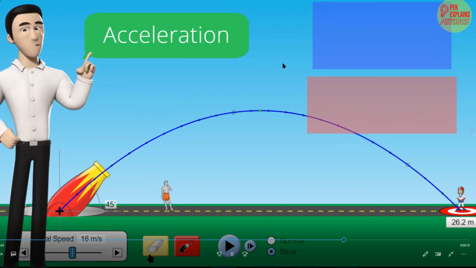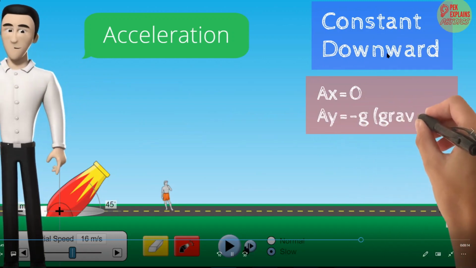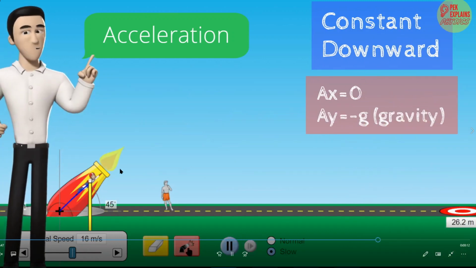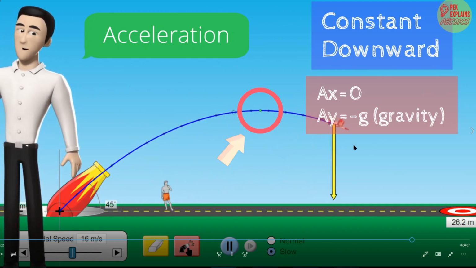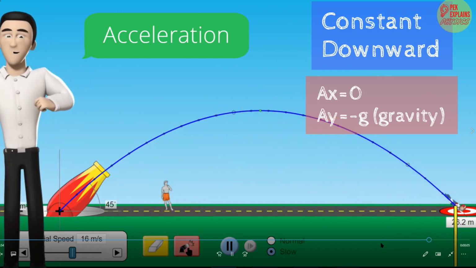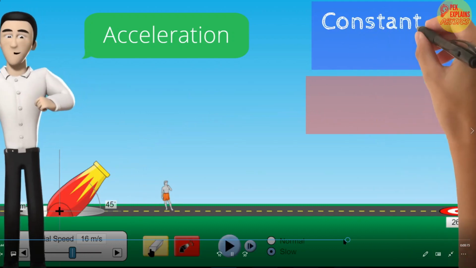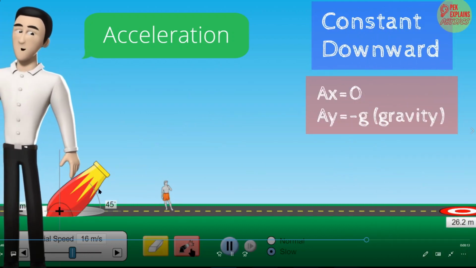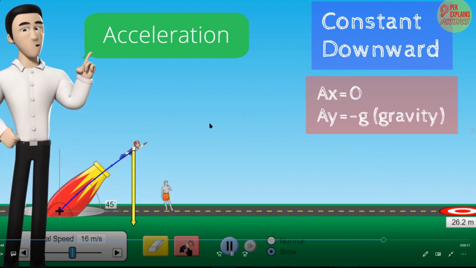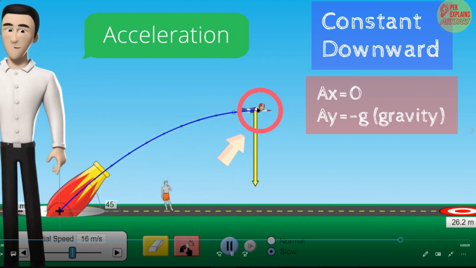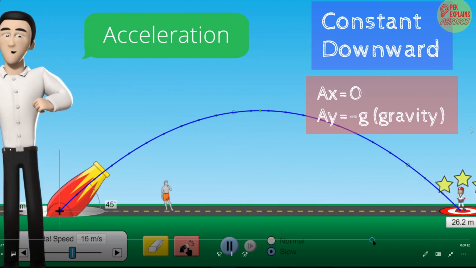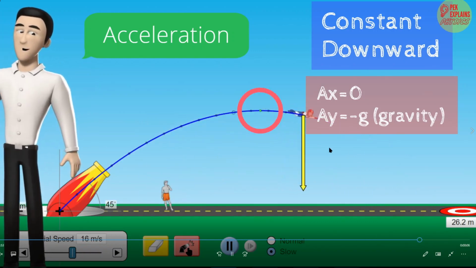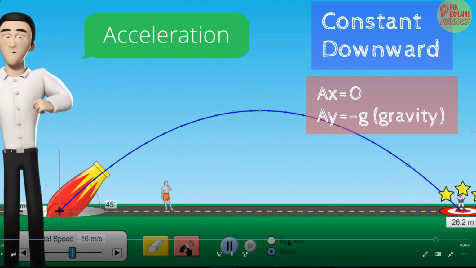It is always constant, directing downward. The yellow arrow is always constant, even at the maximum height. It's still directing downward. You see the yellow line never changes.